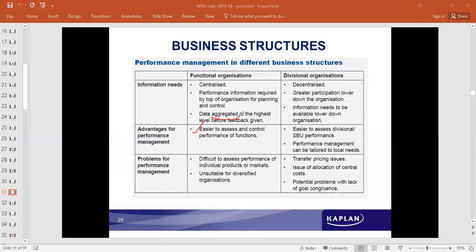How is each product or each department performing? Such things are not understood at all. Overall, as an organization, whether they've made a profit or not can be known. But other details, such as at what level the performance was good or not good and what measures can be taken to improve it, are not available. So product-wise and market-wise performance is not known.